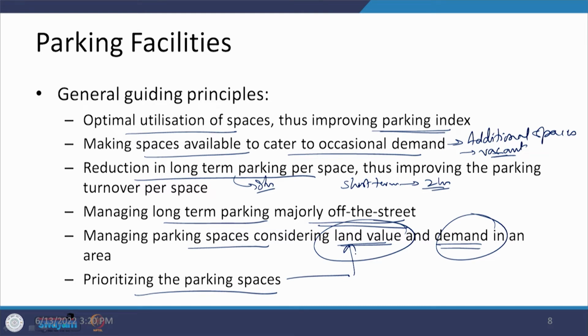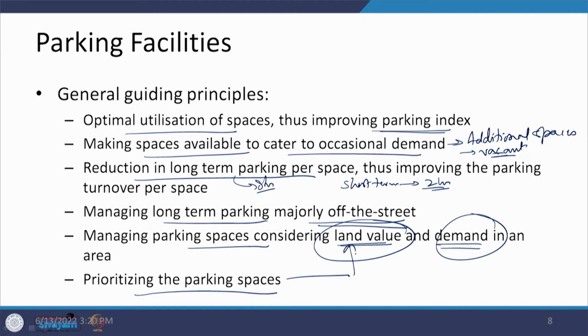Say one example we have discussed was the public transportation terminals. A metro station is there. So, should we have more spaces dedicated to IPT and non motorized transport like cycle rickshaw, e-rickshaw, etc.? If that is there, then people will be driven to use these vehicles more than their own private vehicles, and therefore the demand in that area is going to reduce, which can be utilized for some different vehicles.